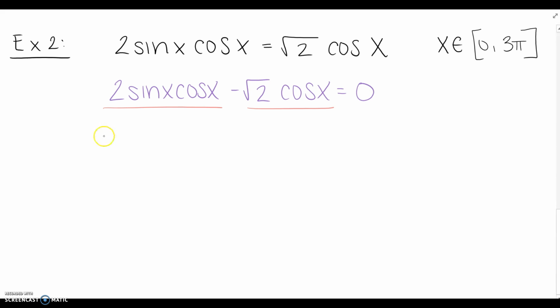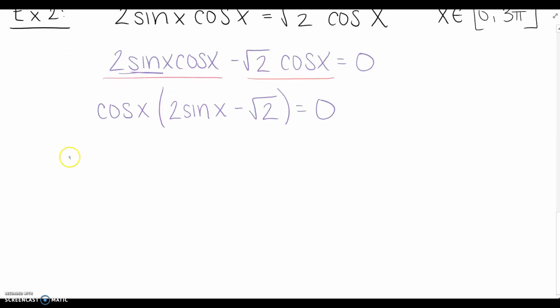So I'm going to factor out cosine of x, and I'm left with 2 sine of x minus the square root of 2. And now I'm going to use the zero product property. So cosine of x equals 0, and 2 times sine of x minus root 2 equals 0.